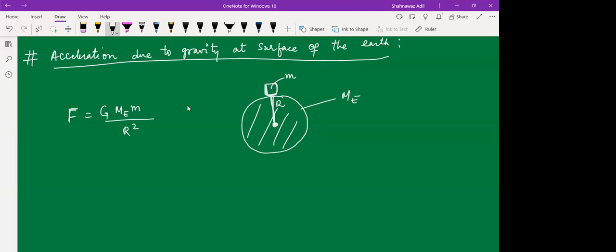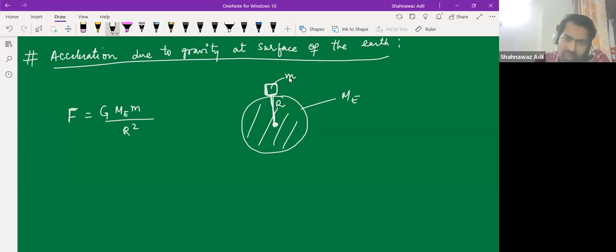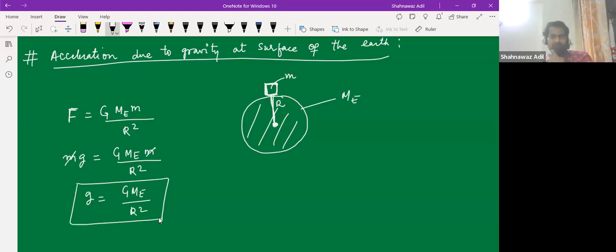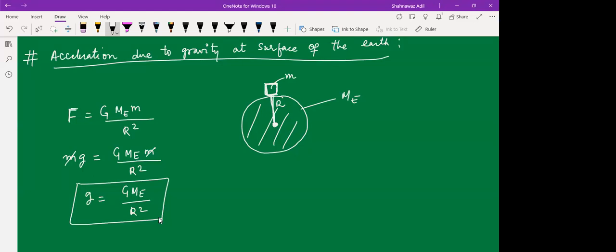And we already know that this force would be equal to mass into acceleration, and this acceleration we call g. So this m will cancel, and this is the value of the gravitational acceleration at the surface of the earth. Okay, is this part clear?